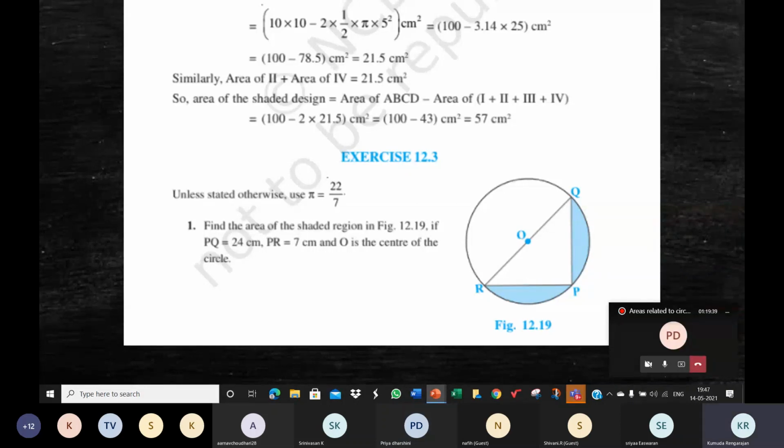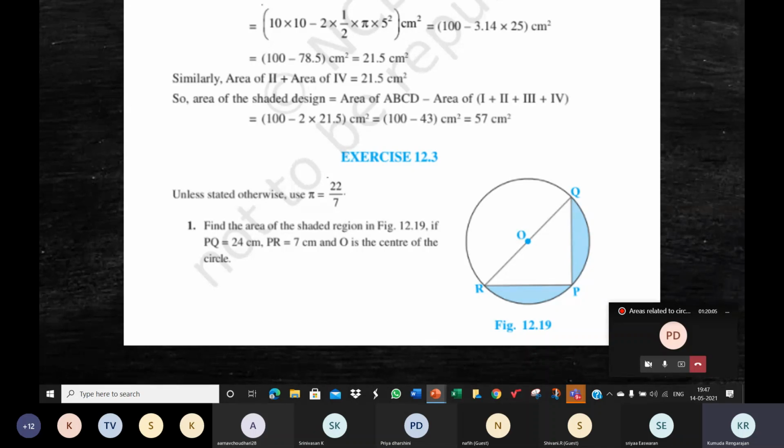Ask yourself these questions. Circle: do you know the radius of the circle? What are the plane figures involved here? So triangle and circle. For the triangle, how can you find the area? Do you have information to find the area of the triangle? For a circle, do you have the value of the radius?